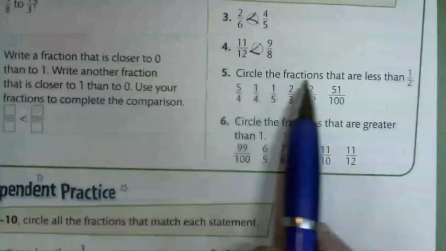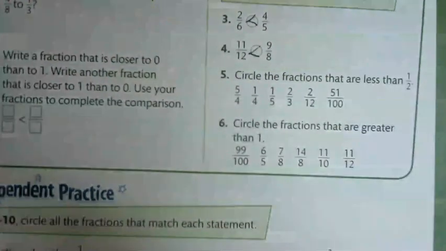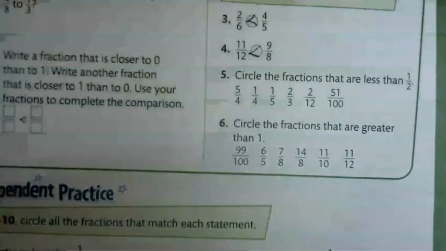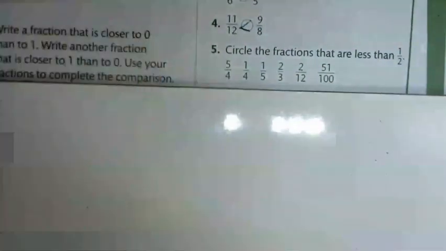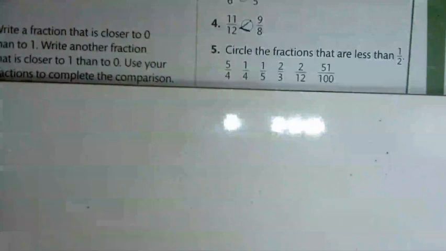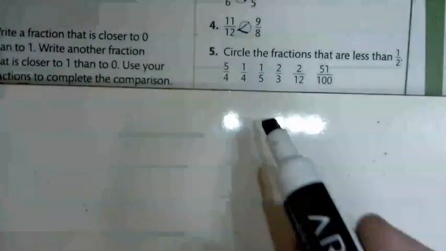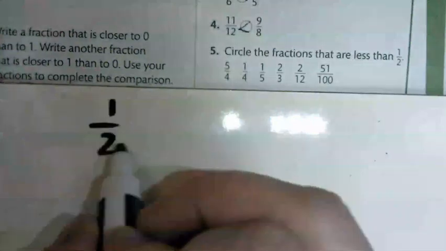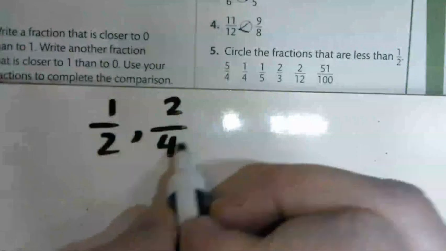All right. Now I'm going to go ahead and help you out with number 5. It says circle the fractions that are less than 1/2. The way that we know what 1/2 is, the top number is half of the bottom number. So our numerator is half of the denominator. So let's check this out real quick. What does that mean? Well, that means that I've got 1/2. I've got 2/4.